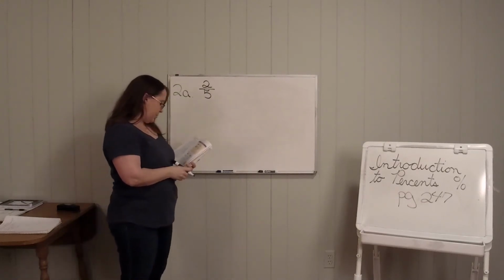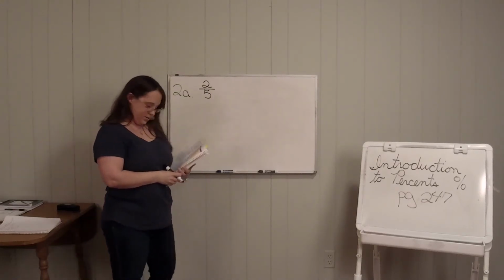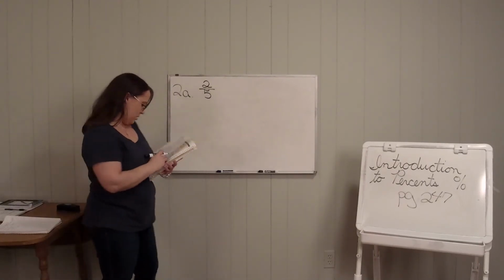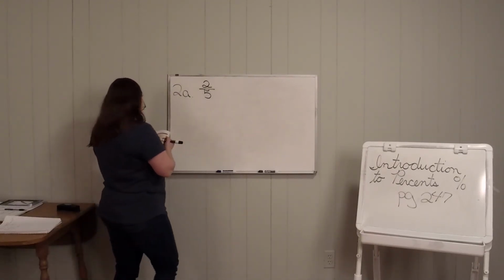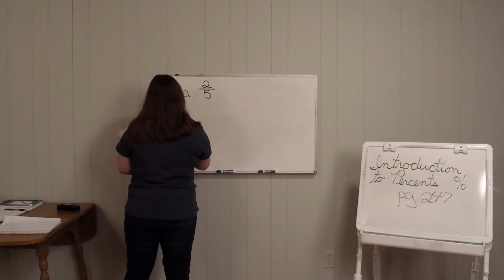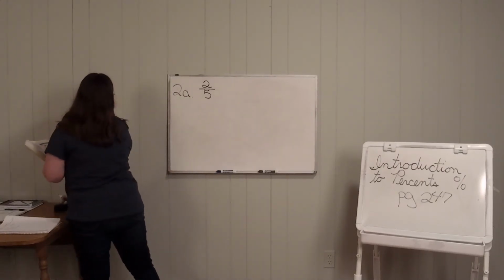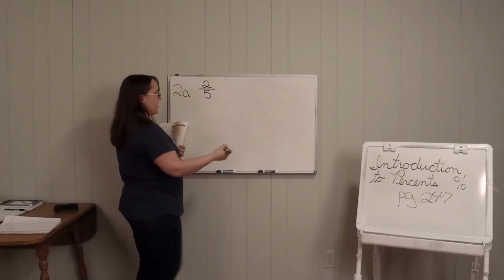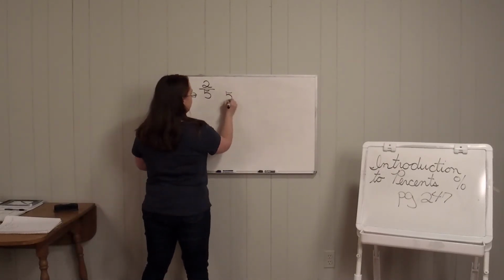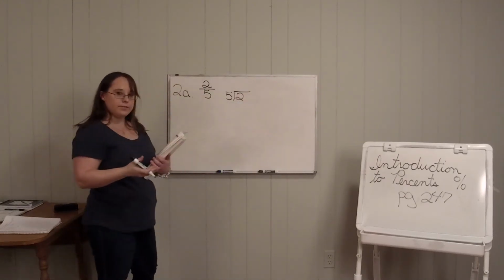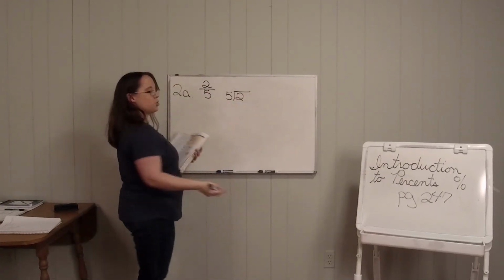Now you need to notice the percent of that. The way you could figure out the percent is you're going to divide. But you can't say 5 goes into 2.